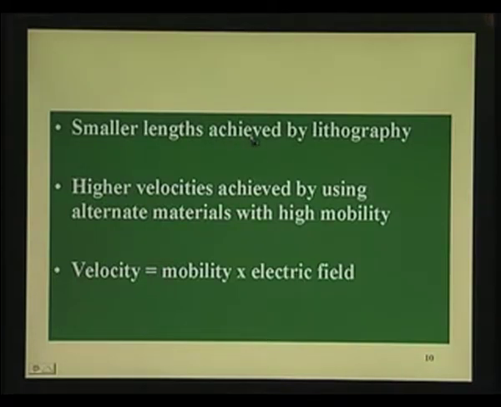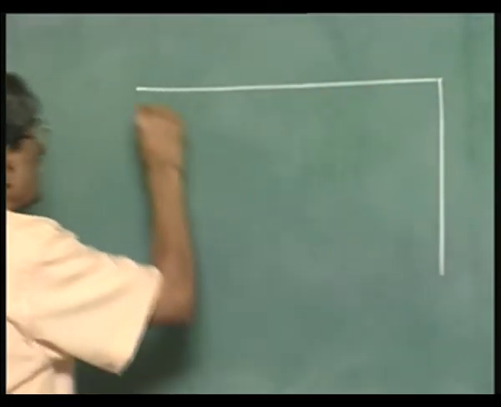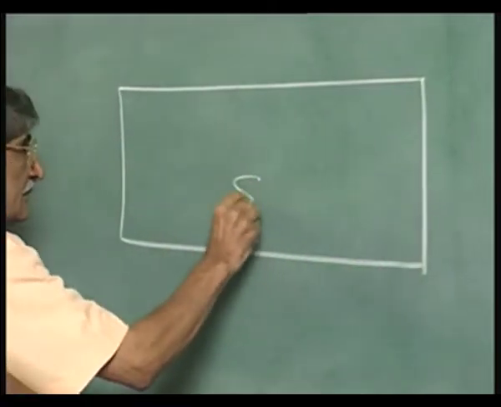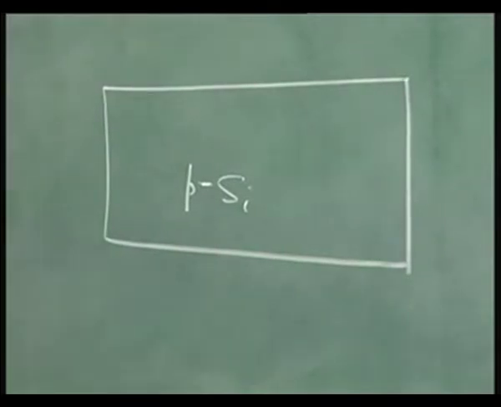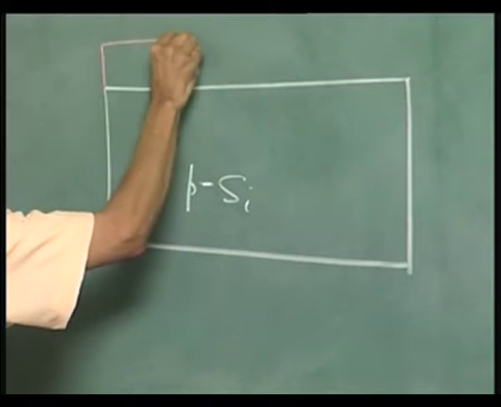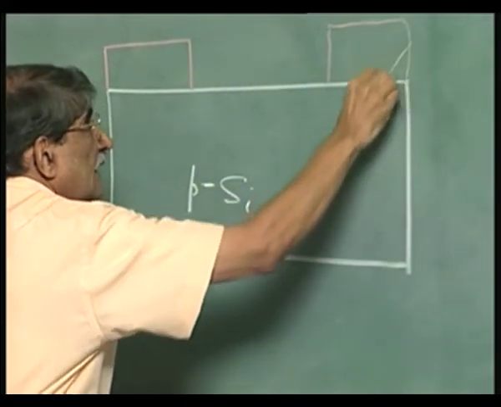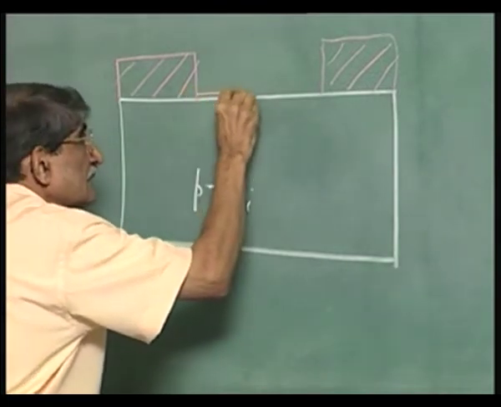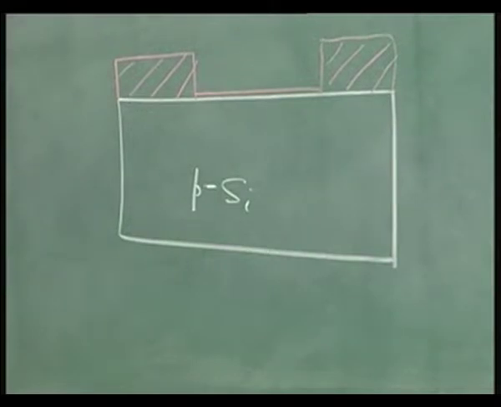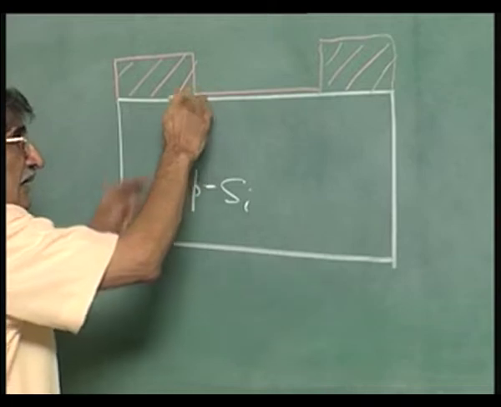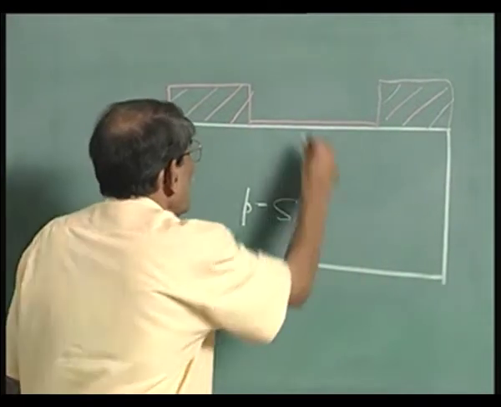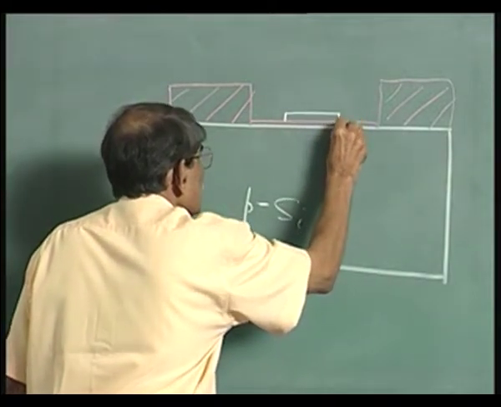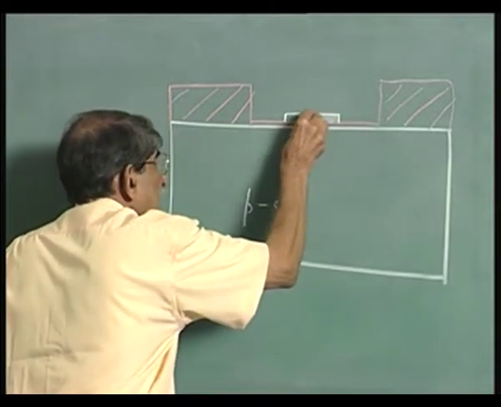So, what we are talking of is, if I take the substrate silicon, for example p type silicon, and I have this oxide which defines the active region of the MOSFET, and then you have this oxide which will form the gate oxide, and on top of that you will have polysilicon or a metal deposited, and then you define this region. That is the channel length.